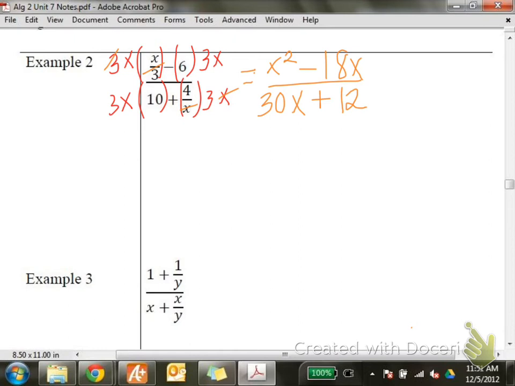Okay, we are obviously not done, right? I have some GCFs in there. What is the GCF in the numerator? x, so factor out the x. That leaves me with x minus 18. I also have a GCF in the denominator. What is that? 3.